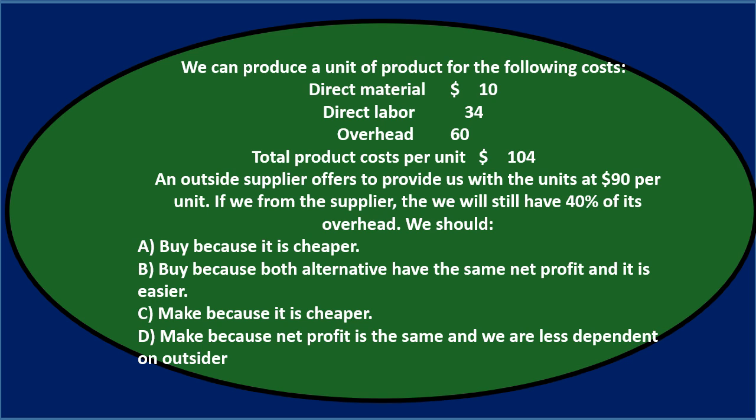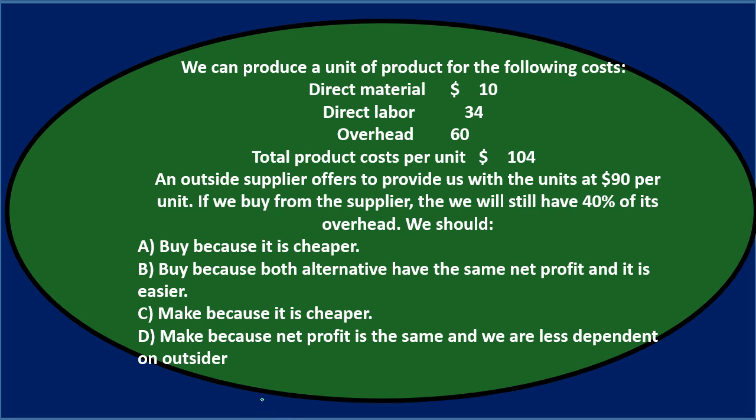First question: we can produce a unit of product for the following costs. Direct materials, $10; direct labor, $34; overhead, $60. The total product cost per unit, the $10, the $34, the $60, is $104. An outside supplier offers to produce the units for us at $90 per unit.